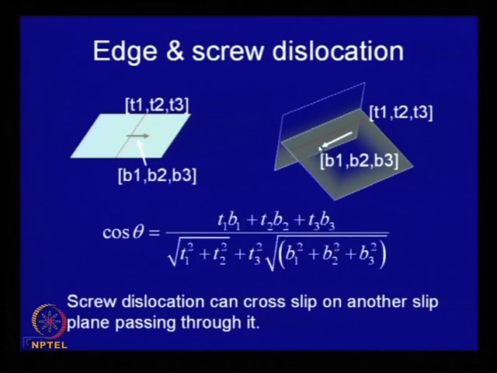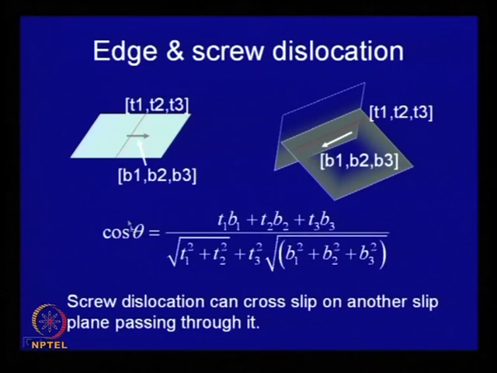Suppose when this dislocation moves up to here, this is a plane which is intersecting along a line parallel to the dislocation line. So, it can now move along this plane also, which is not possible in the case of edge dislocation. Edge dislocation will always have a definite slip plane, whereas screw dislocation can move onto another slip plane. It can cross slip. So, from here it is moving along, it can cross slip into this plane.